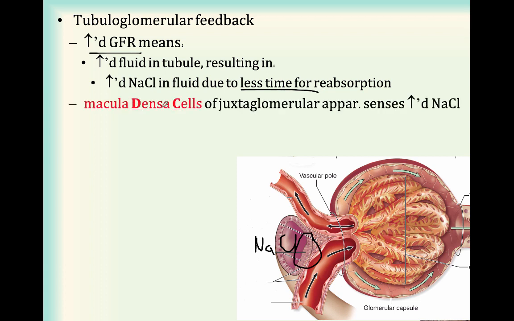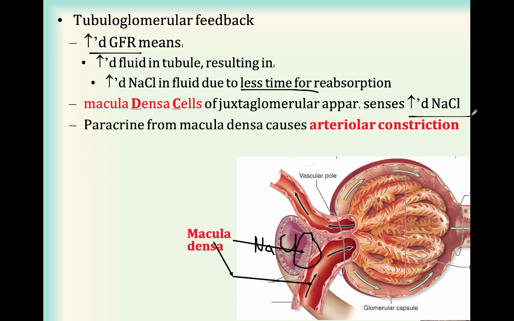And so again, the macula densa cells, right there, they sense this higher level of sodium chloride, so the kidney essentially is saying, okay, fluid's going through too quickly. And so we need to adjust things. And so they release a signal which is going to cause vasoconstriction of this afferent arteriole, decrease the fluid coming into here, decrease the glomerular filtration rate.